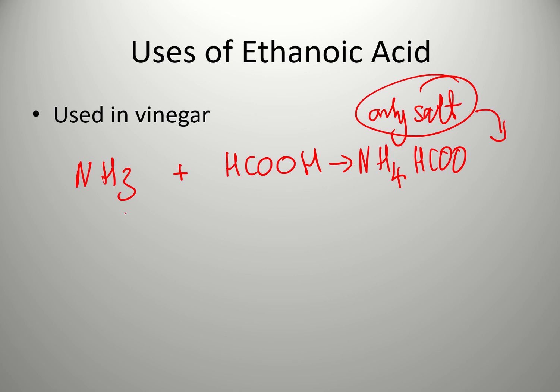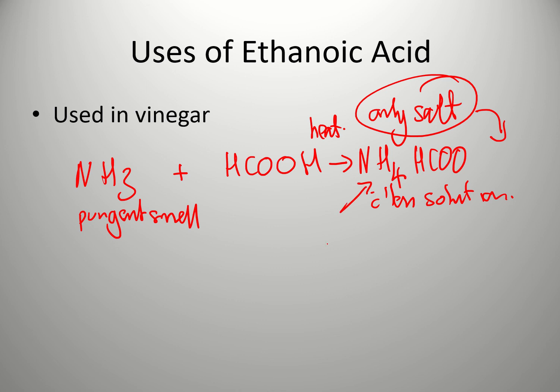Now, observations here, well, you get a bit of heat here. Okay, the solution here is a colourless solution, there's nothing. You start off with a colourless solution anyway. The big observation here, and this is what catches a lot of people out, is that originally ammonia has a very pungent smell. Now, the ammonium then has no smell.